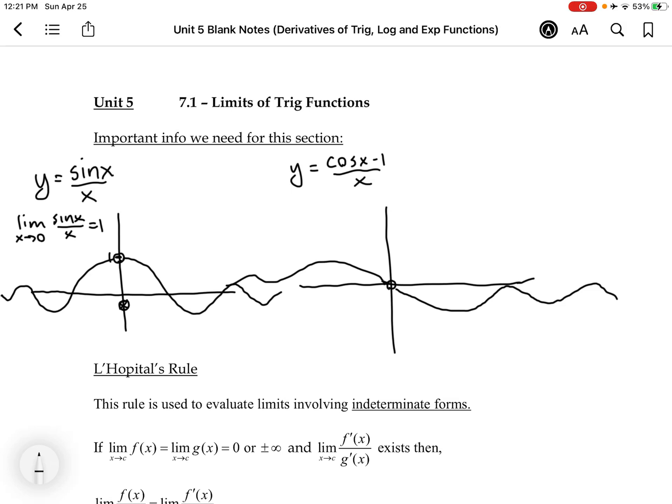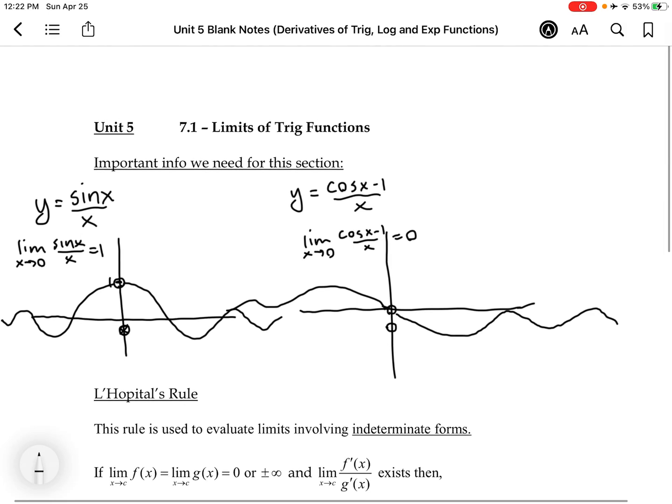The limit as x approaches 0 of the cosine of x minus 1 over x is equal to 0. So although f of 0 does not exist, the limit as x approaches 0 does exist, and for this particular function that limit is 0.